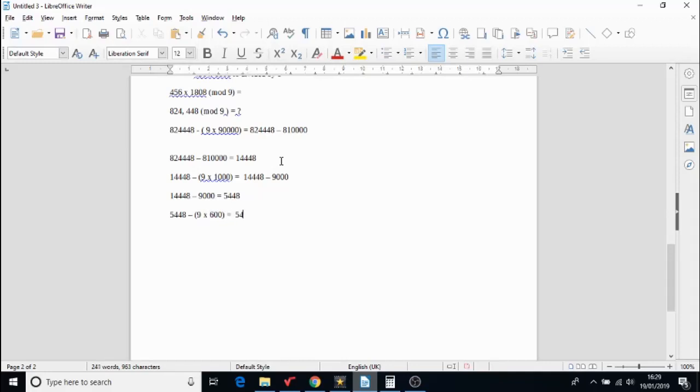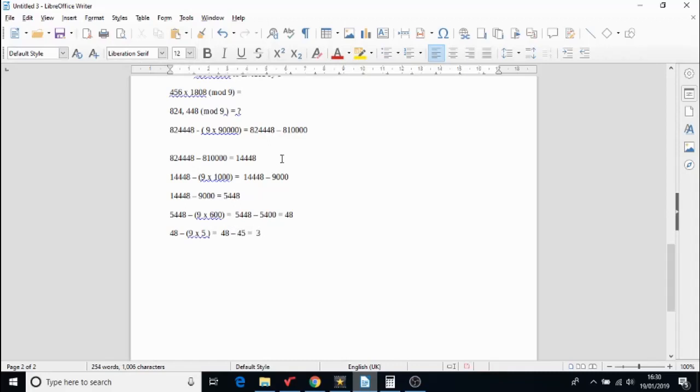So 5,448 minus 5,400 is equal to 48. How many 9s can go into 48? Only 5, because 9 multiplied by 5 is 45. So 48 minus 45 is equal to 3.